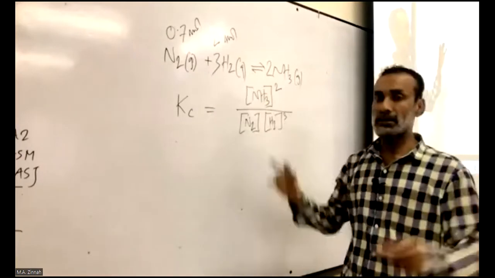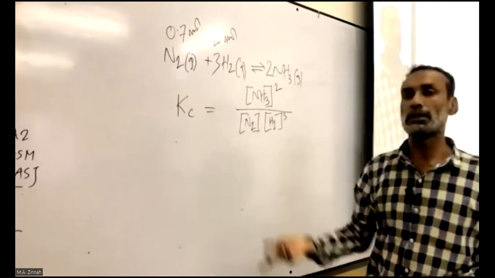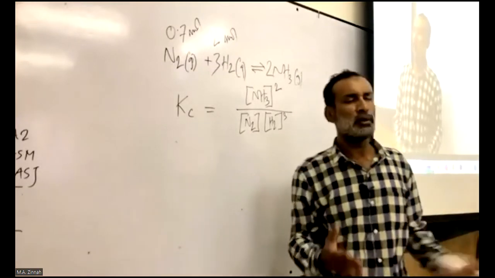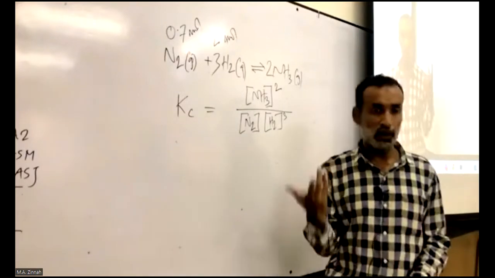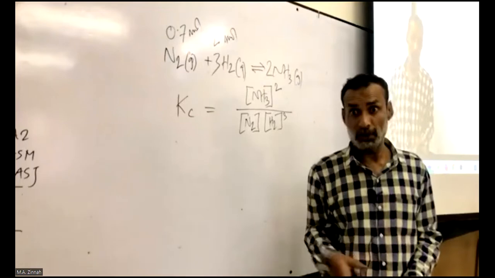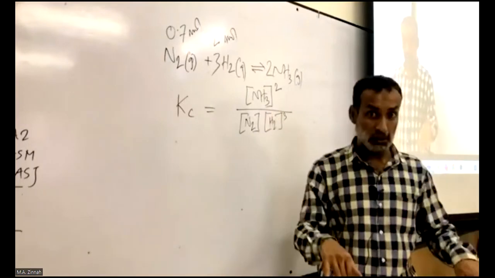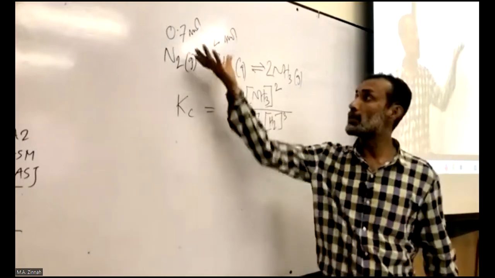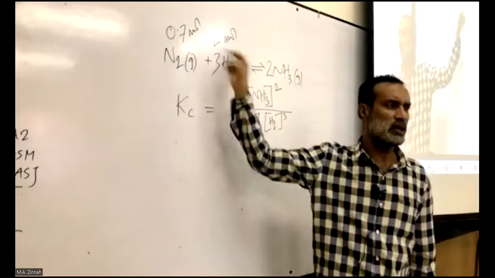These two gases are mixed together for the reaction and we set the conditions required for the reaction: a 450 degree centigrade temperature, a catalyst, and a pressure of around 200. So these conditions are set in a reactor, and these two gases are mixed there at this ratio, in this amount.